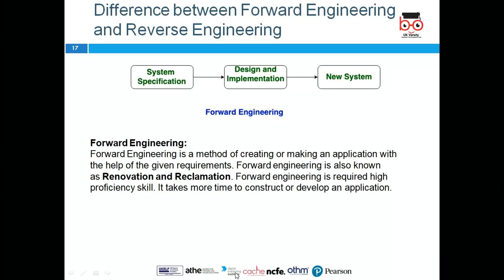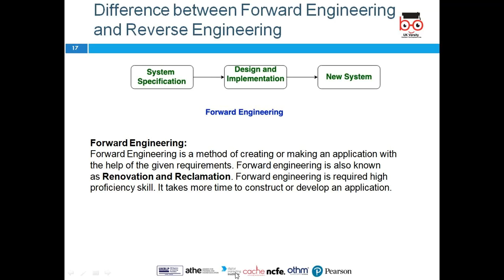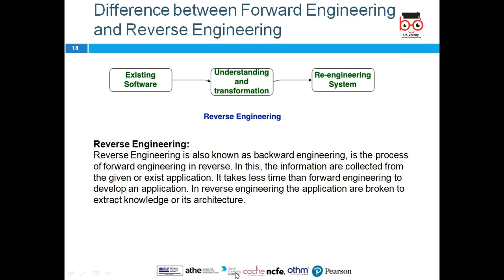And there is another logic behind this, which is called forward engineering and reverse engineering. When you created a system specification, created the diagrams, implemented them and got the system, it is called forward engineering. And when you had software implemented, you had code, and you tried to understand it and transformed it into diagrams, it became reverse engineering.